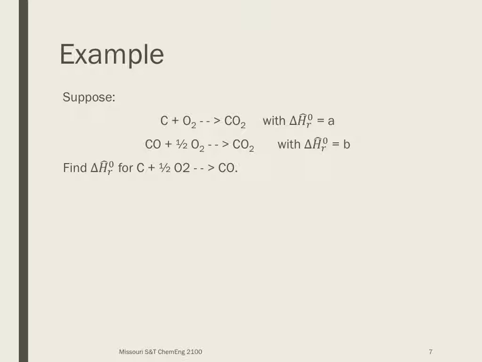So let's look at an example. So I have reaction 1, carbon plus oxygen makes CO2, and the heat of reaction here is quantity A. And I have another reaction, carbon monoxide and half an oxygen combined to make CO2, and that has heat of reaction B. So what I want to do is figure out what's the heat of reaction for carbon plus half an oxygen to make carbon monoxide.